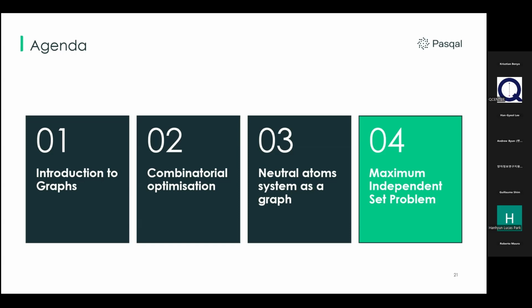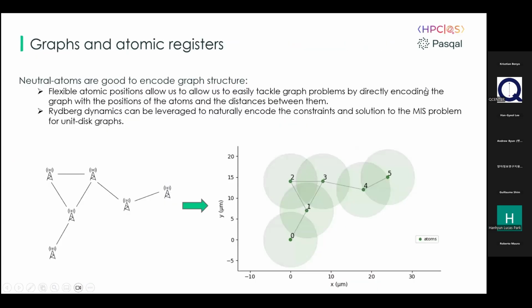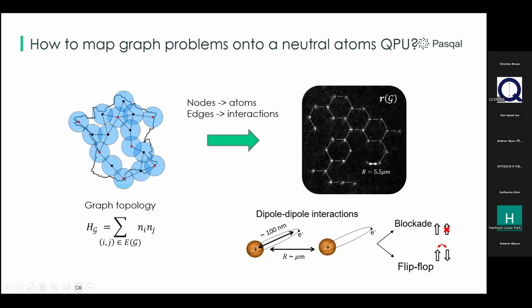Is entanglement explainable by graph theory? That's an interesting question. I would say it depends on where your graph came from, in a sense. So if you look back on a neutral atom system, graphs represent the atomic register, so the position of the atoms, as well as the physical connection between the atoms.